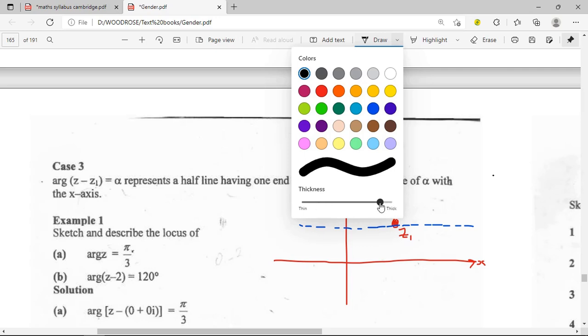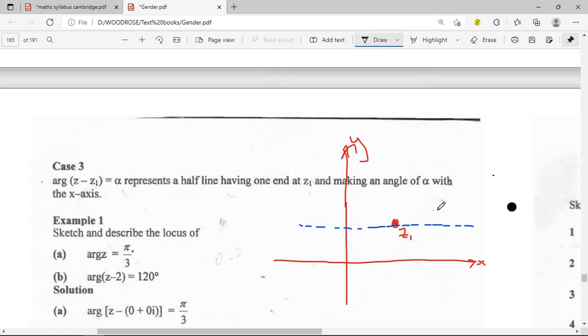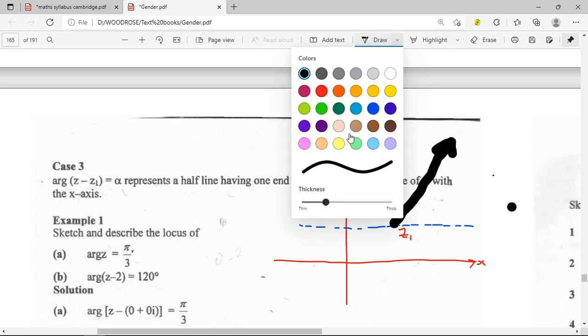Let me adjust my thickness. Fine. So from Z1, we are going to draw a line segment, and that line segment is going to make an angle of alpha.